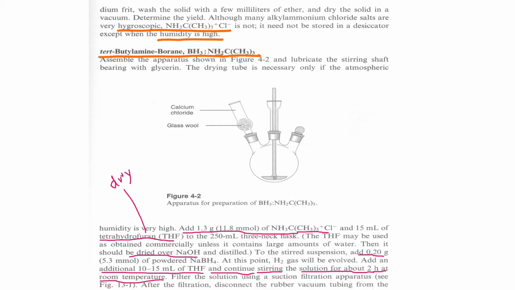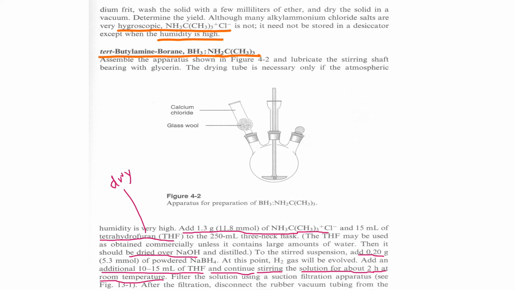Then you add your salt and the NaBH4, and you stir for a certain amount of time. Of course, the solvent is dry THF. You make sure the THF is very dry, otherwise the reaction will not proceed.